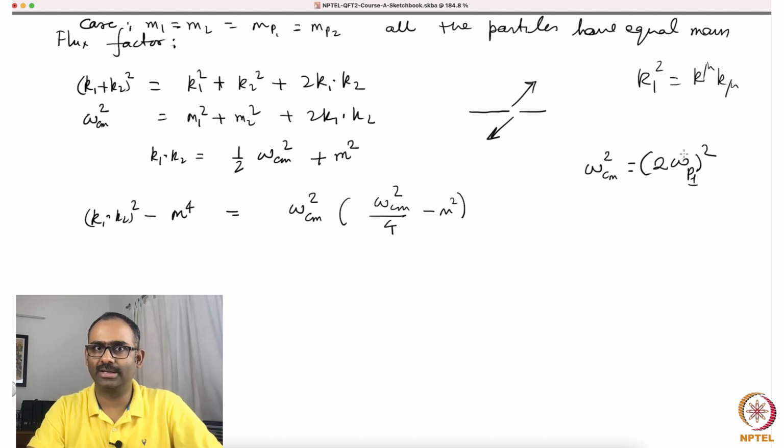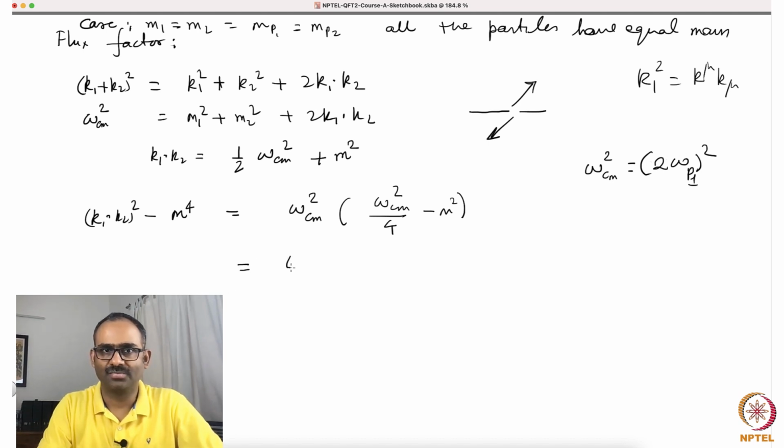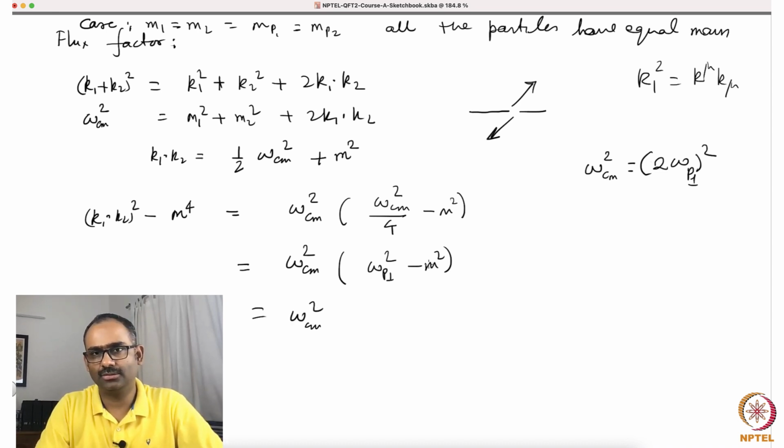Okay, so this is 4 omega P1 square. So it becomes omega center of mass square, omega P1 square minus m square. And what is this? E square minus P square, that's m, E square minus m square, that's P square. And what is P? That's this.